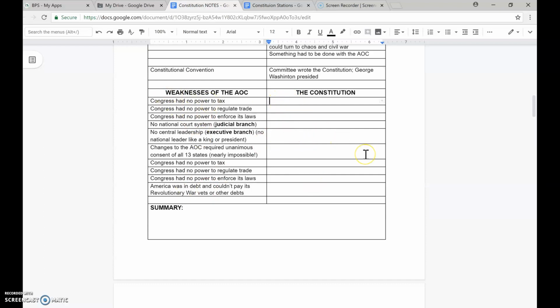Okay, so Congress had no power to tax. Under the Constitution, Congress can now tax. Yay. Congress had no power to regulate trade. Congress granted more power. All right. Congress had no power to enforce its laws. Again, Congress granted more power. Now you have to enforce its laws.